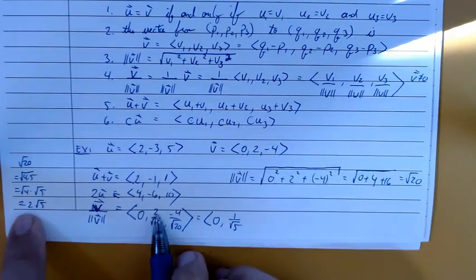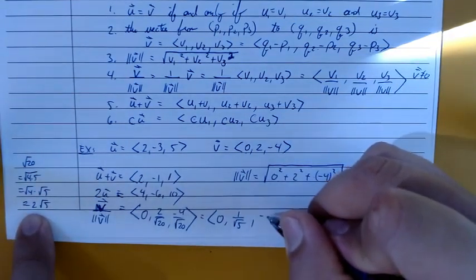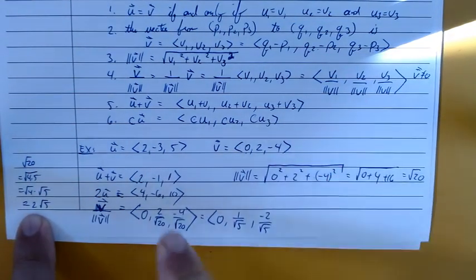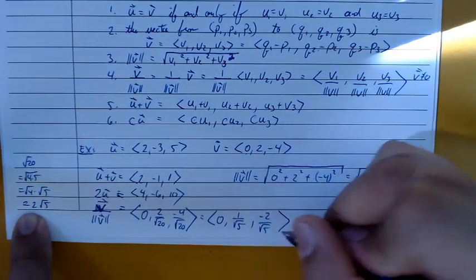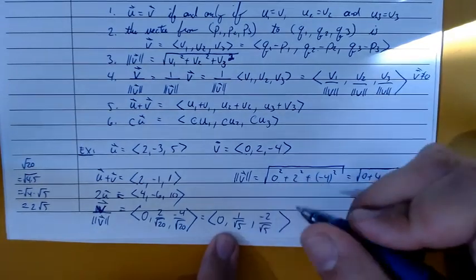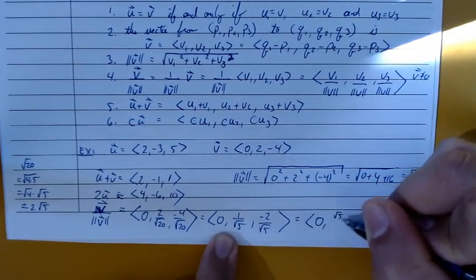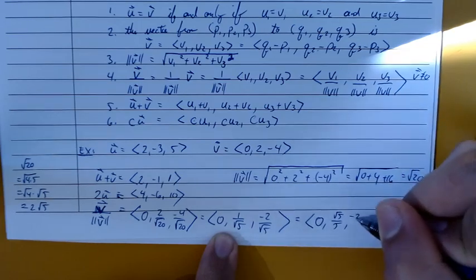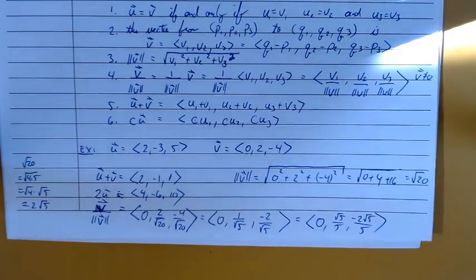The 2 in the numerator divides the 2 in the denominator. And then -4 over 2 root 5 gives us -2 over root 5. And then we can rationalize that. We can multiply the top and bottom by root 5, and we get 0, root 5 over 5, -2 root 5 over 5, which is usually the way you see the answers written in our textbook.